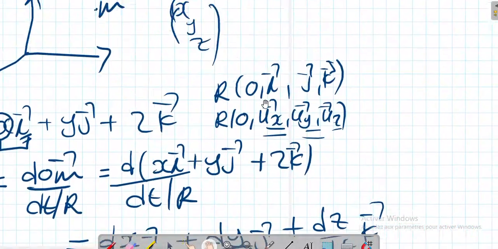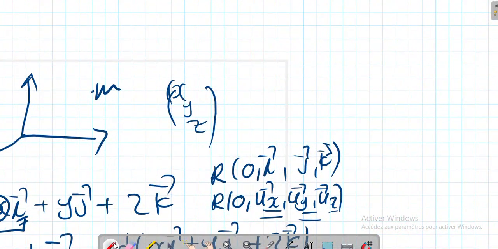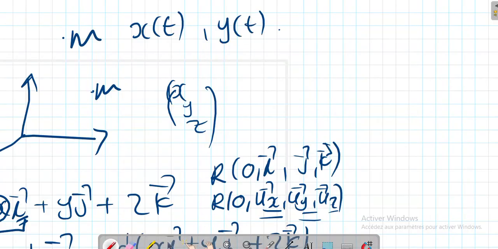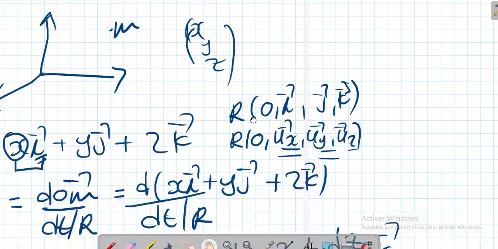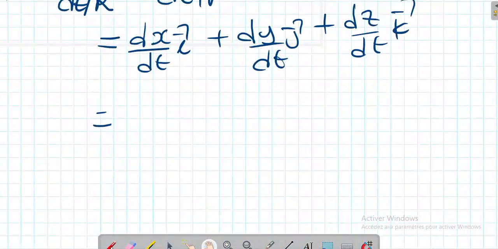So x, y, and z, these are coordinates. Depending on where the point M is after a certain period of time, you should imagine x, y, and z as functions of time, because they change with time.